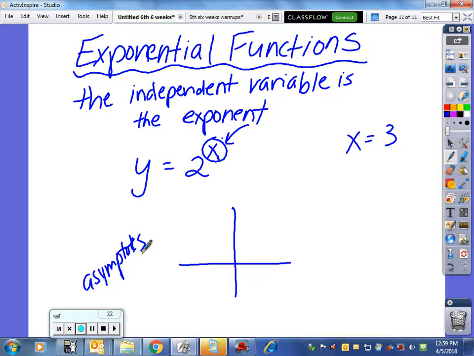You've got to know about those as well. Let's look at this right here. Here's an exponential function. We've talked about these a little bit. Now, what is the asymptote for this problem? Y equals -2.